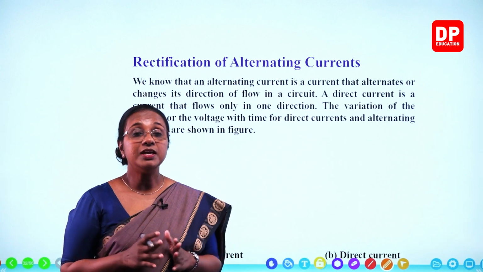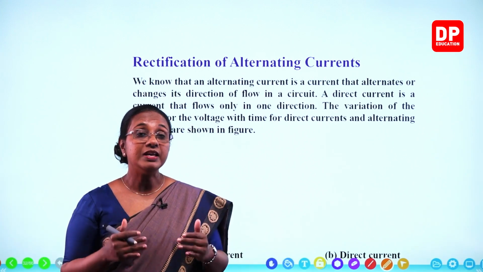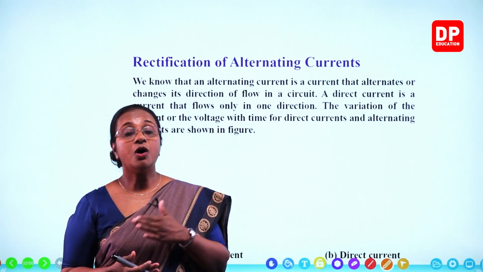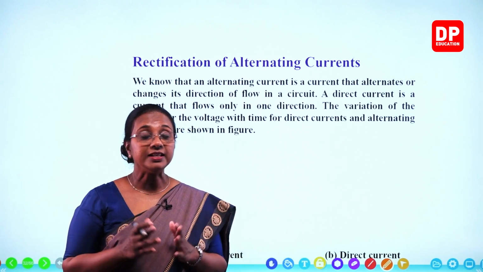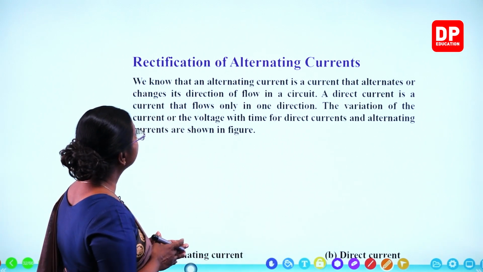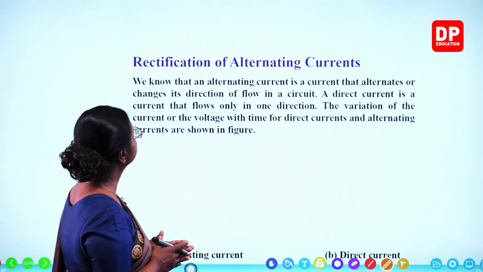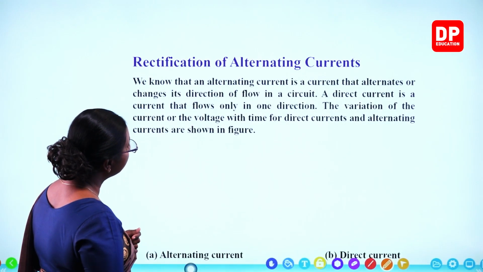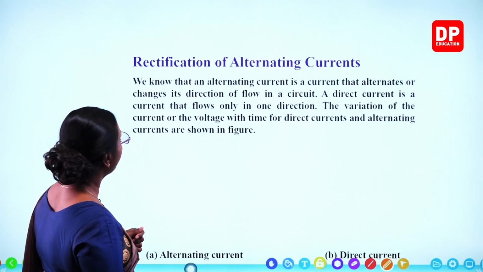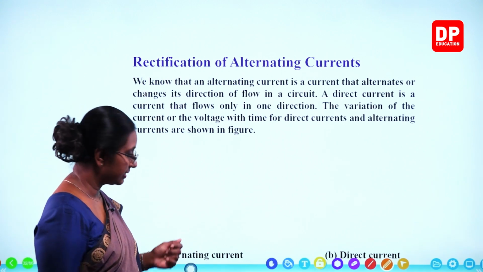So, if we use direct current appliances in the household, we need to convert the alternating current to direct current. That can be done using a diode, and that process is known as rectification of alternating currents. We know that an alternating current is a current that alternates or changes its direction of flow in a circuit.